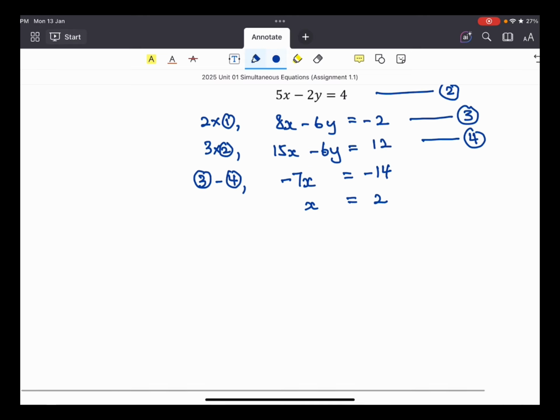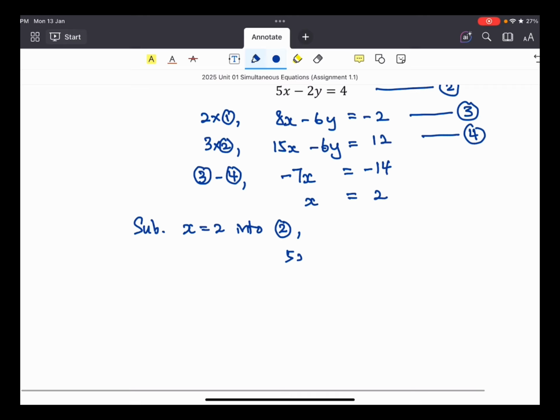Now I can substitute that back in. Substitute x equals 2 into, I can choose any one. Let's put it into equation 2, why not? Right? So 5x is now 5 times 2 minus 2y equals 4.